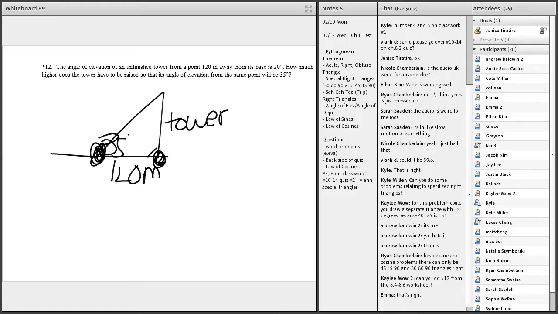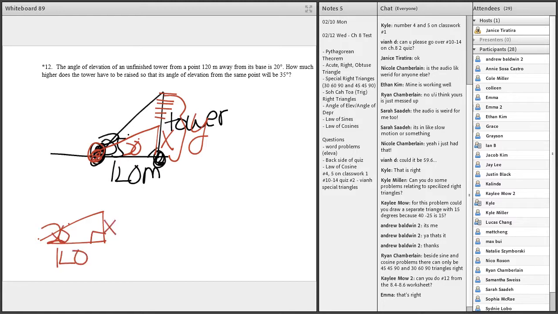Okay, so that's 35 degrees. Then we start from the same exact spot, and then we go 20 degrees. So we're trying to find x, we're trying to find y, and then we'll find the leftover. So if we look at the small picture, 20 degrees, 120, and x.